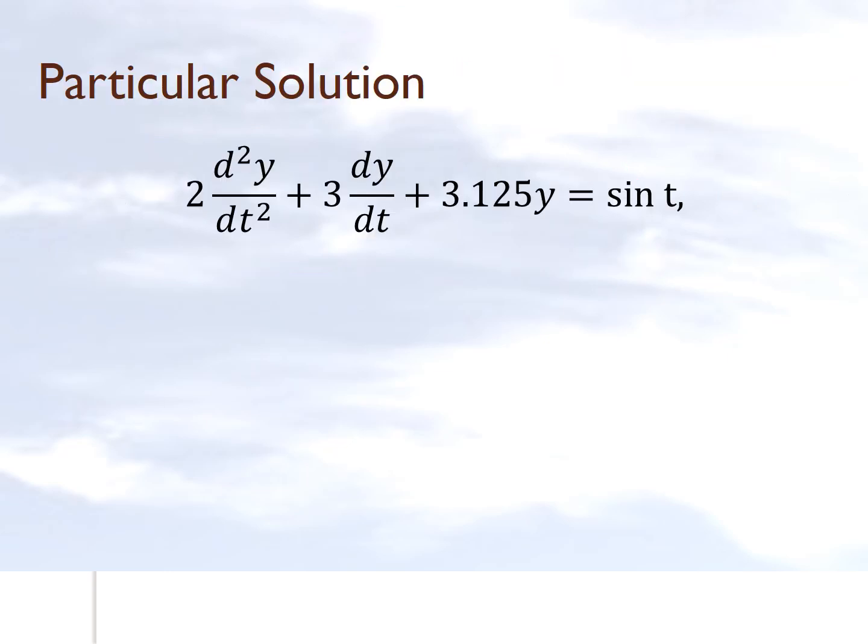For the particular solution, it should take a similar form to the right hand side of the differential equation. Here we have a sinusoid, and therefore the proposed particular solution should also be a sinusoid. According to the table from the previous slide, it would be a sine t.